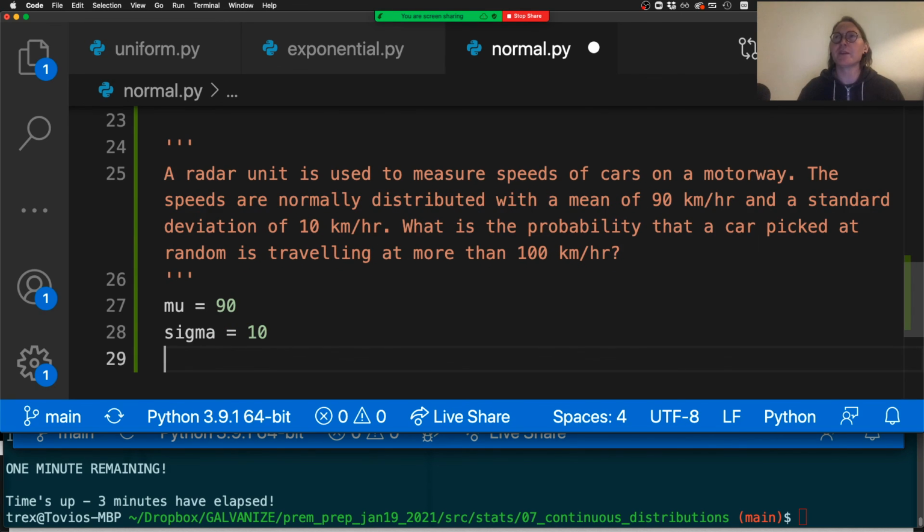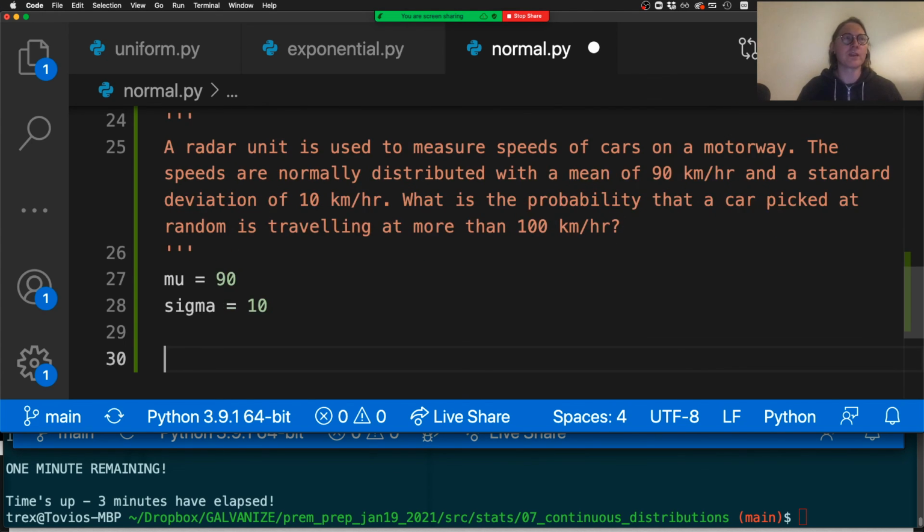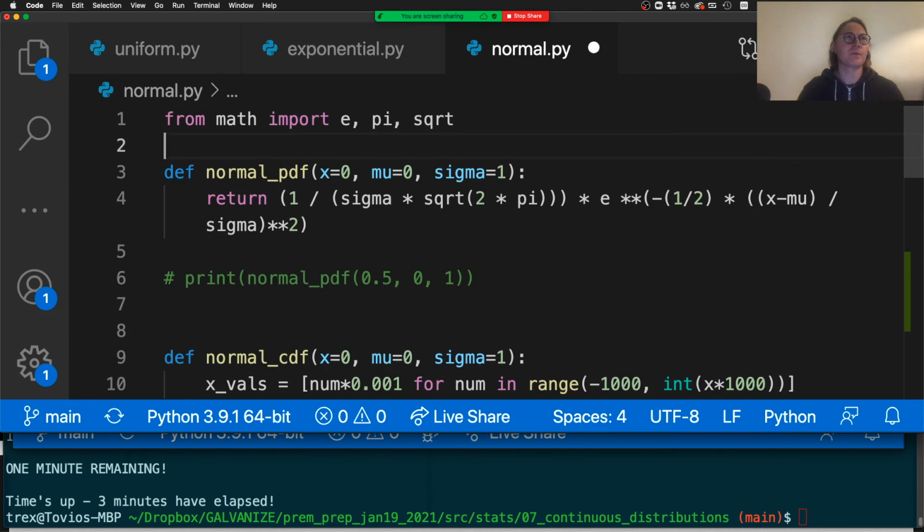The probability that a car picked at random is traveling at more than 100 kilometers per hour. So more than is the complement of the CDF, right? So we'll set our x at 100, and we'll call the normal CDF, right? That's what we called it, yep.